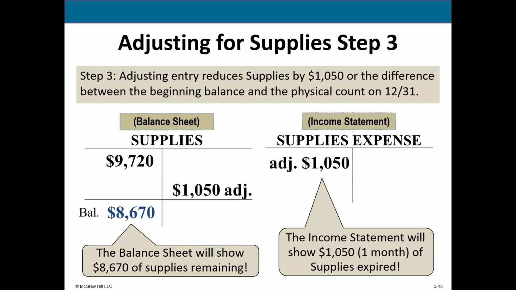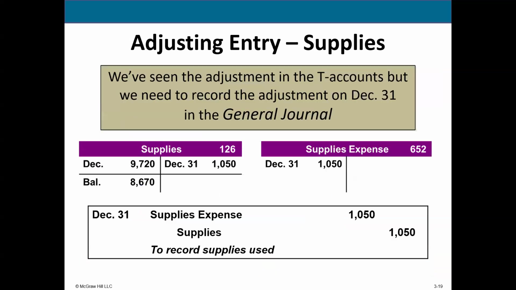We're going to debit supplies expense $1,050, and we're going to credit supplies $1,050. What that does is it updates your supplies balance on your balance sheet, which you know is an asset, and it increases your supplies expense for the month. That recognizes the use of those supplies for the month of December. And this is what that usage looks like, right?